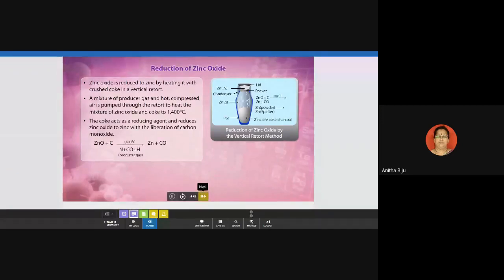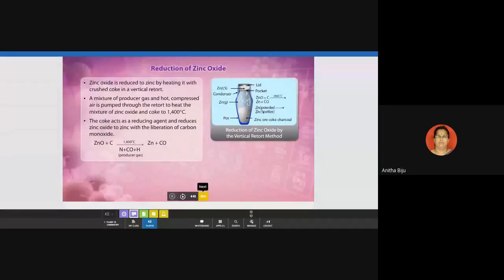The reason is very simple. Whenever the reduction process is there, any one reducing agent can be employed. In the previous case, the reducing agent used is coke, one form of carbon. That's why the process is done in a blast furnace. In this case, you can see the name of the apparatus.